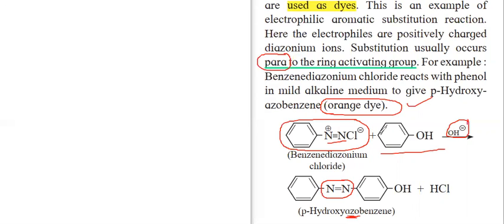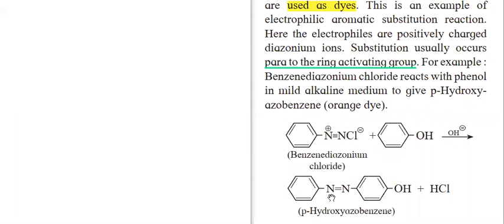See what happens? This is a phenolic group and it is a para activating group. Phenolic OH is para activating. Therefore, from this para position, it will attach to this nitrogen, and it forms this compound, para hydroxyazobenzene.